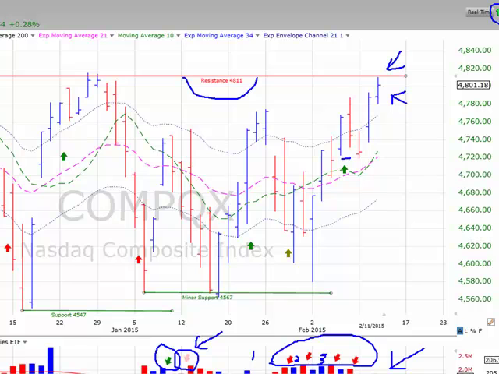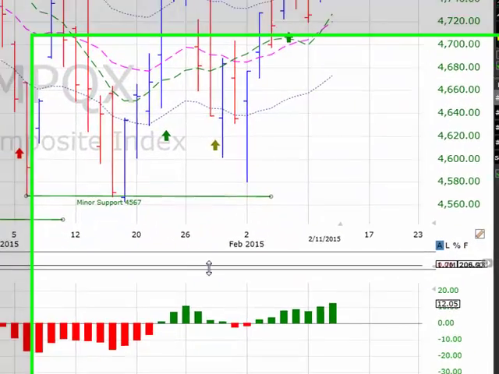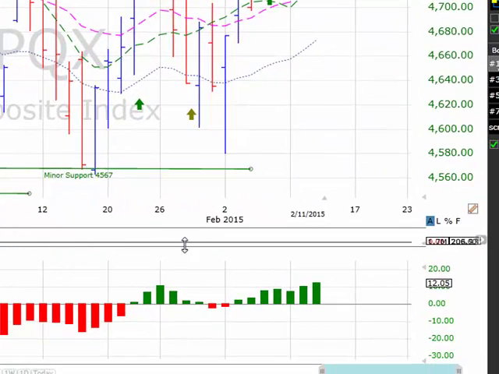Yesterday, our 1 to 6 month timing model switched to a margin signal. Right now, the Nasdaq is bracketed by support at the 45.67 area, and as we mentioned earlier, resistance in the 48.11 range. Let's take a quick look at our MACD histogram.